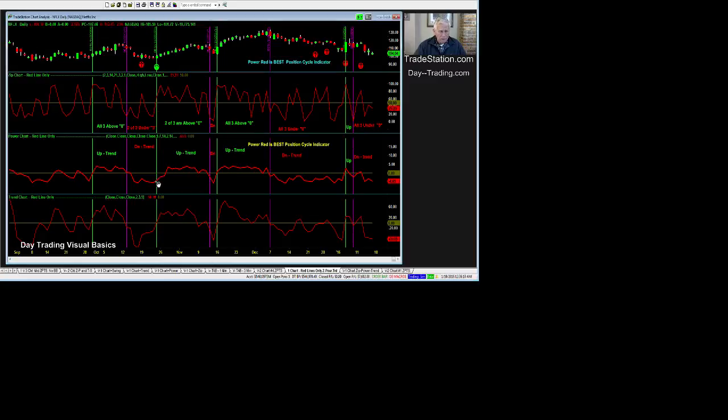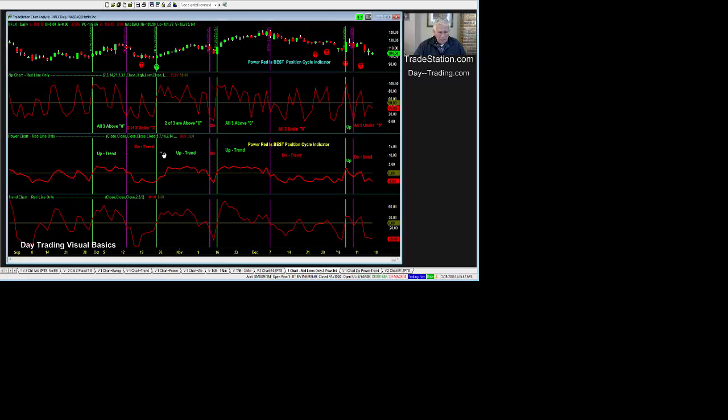And so 2 out of the 3 are above 0. Your pink lines are the first day that the lines have crossed below the 0 line or below the 50. With these 2 exceptions, 2 out of 3 are under 0, 2 out of 3 are above 0.